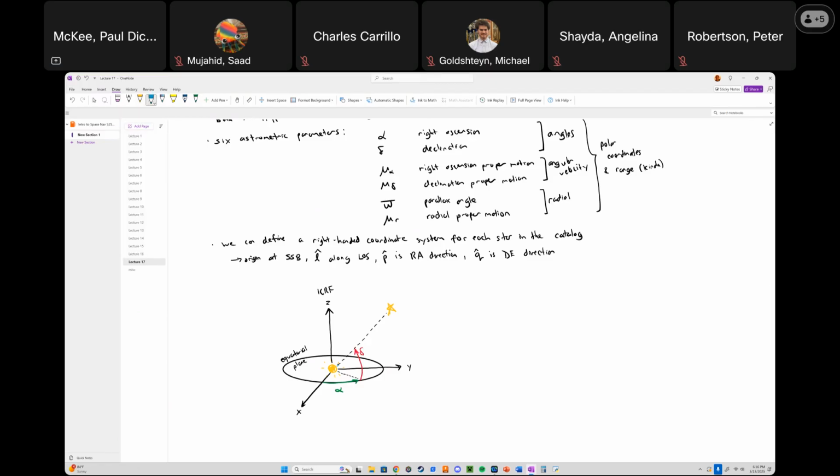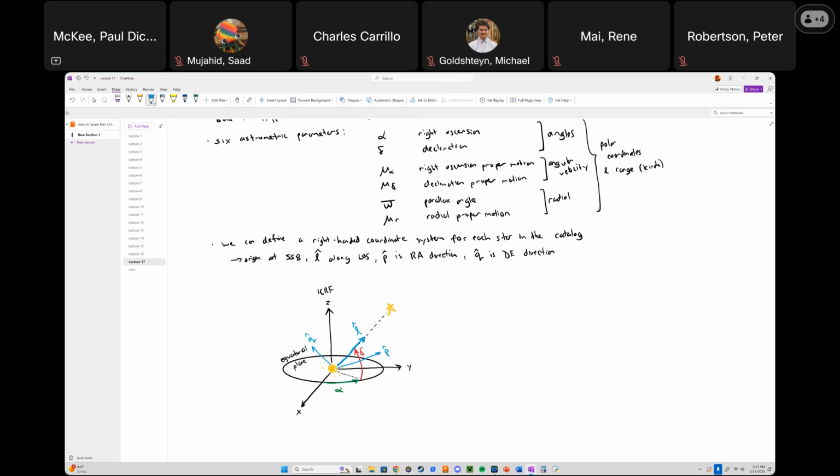This line of sight direction is going to form one axis of this new coordinate system, which we'll call the L direction. Okay. Then there's going to be the P direction. Let's scoot this down a little bit. And then there's going to be the Q direction.